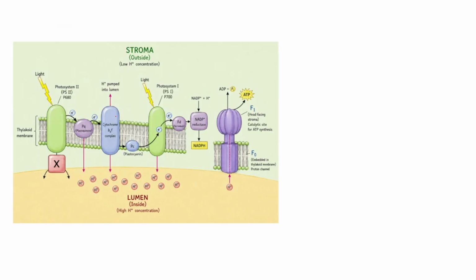Student, this is the diagram of non-cyclic photophosphorylation, and this is ATP synthase. See here, ATP synthase. ATP synthase has two major regions or parts, that is F0 and F1. Now let's see its flow diagram.